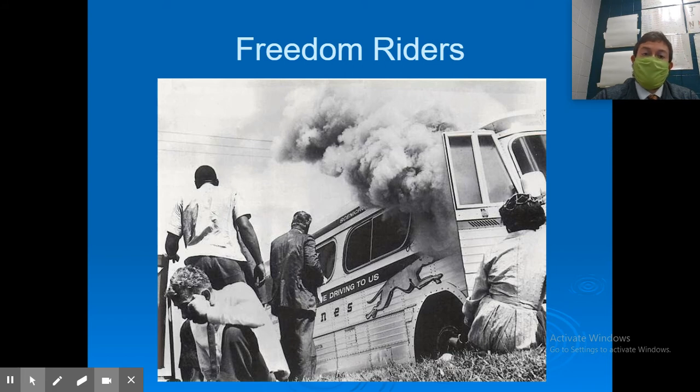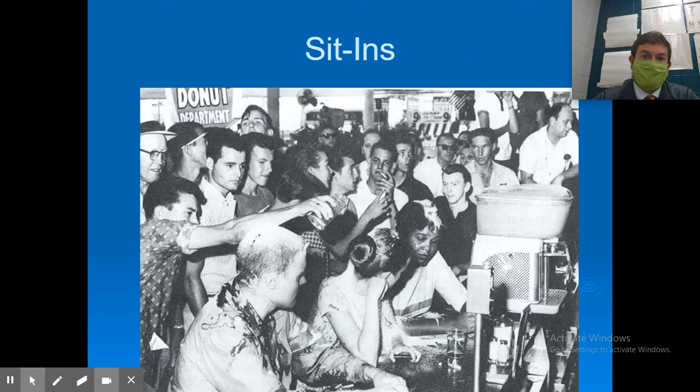So these people would get on buses and then come to these towns and then basically follow the federal ruling instead of the local ruling, which if you remember from our hierarchy of laws, federal is at top, state comes next, then local. So the federal ruling was the most important, which is what the Freedom Riders were trying to point out. They were following the federal law, but not the state or local laws.